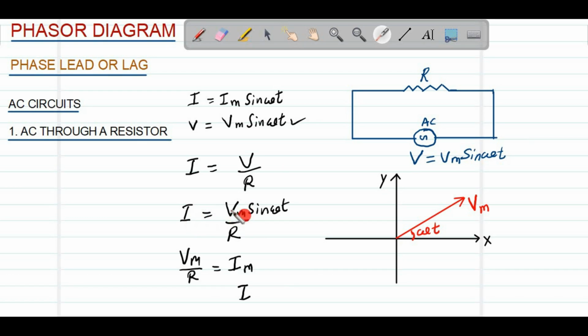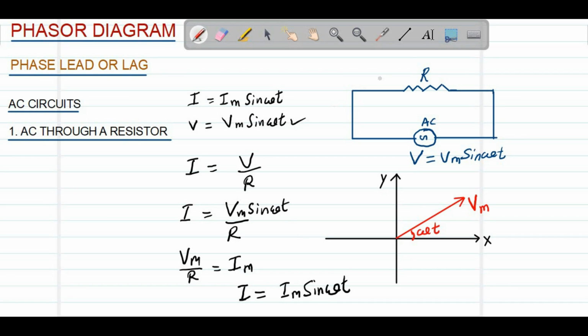So Vm by R can be taken as the peak value of current Im, then I equals Im into sin omega t. That means the equation of the instantaneous value of current is obtained: I equals Im into sin omega t.